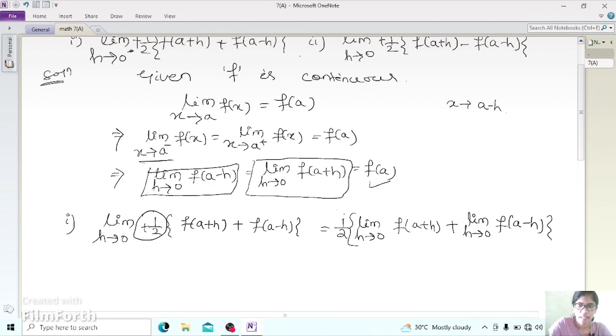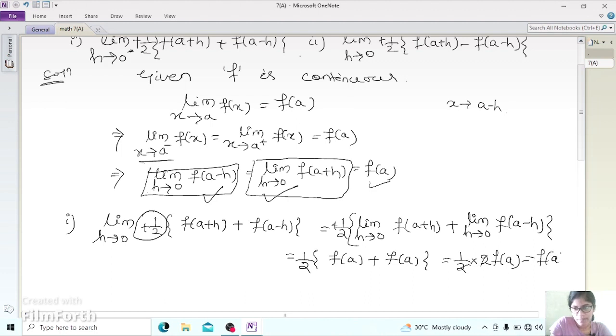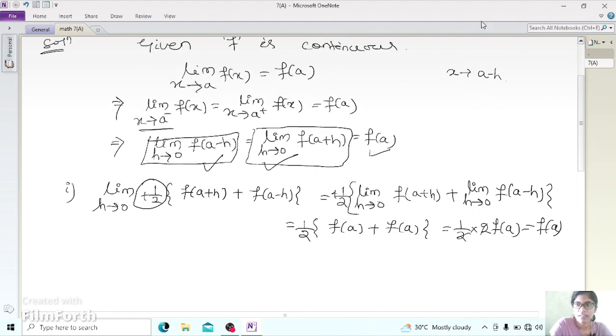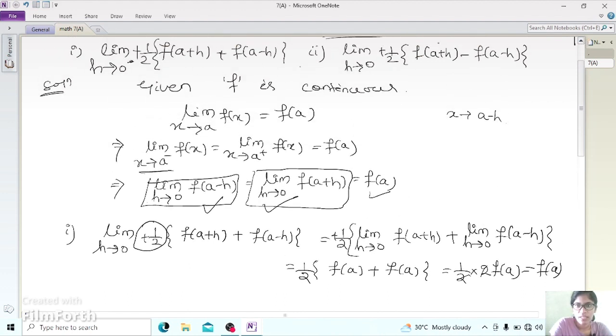Okay, which is equal to, taking plus half to outside, half into, the value of f of a plus h is f of a, and f of a minus h also has value f of a, which is equal to 1 by 2 into 2 into f of a, 2 cancel, is equal to f of a. Okay. Similarly, what was second bit question? Only here minus.